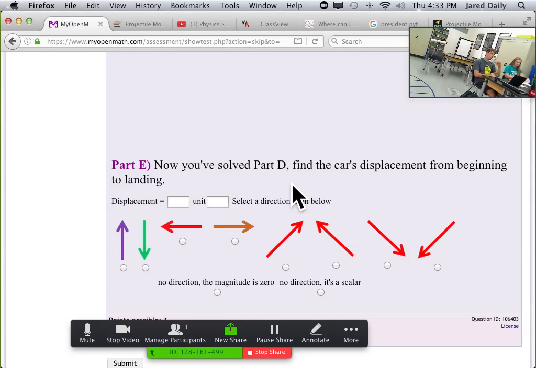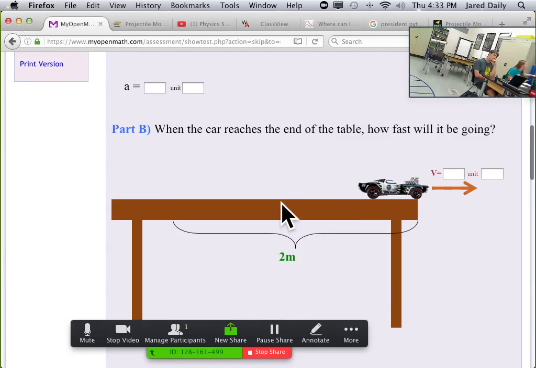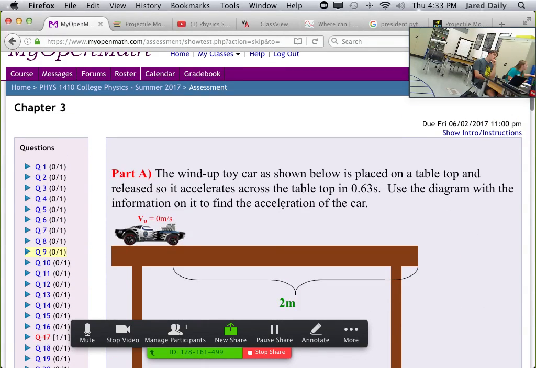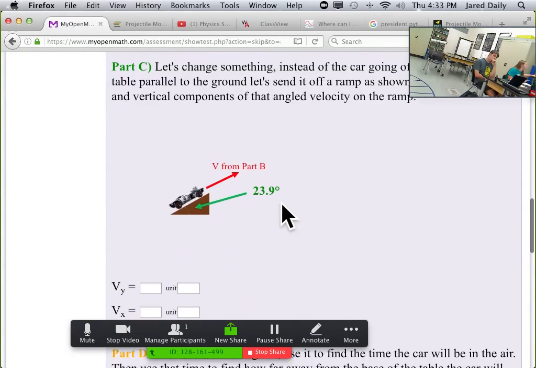One thing, it gives us the height of the table plus the ramp. So how are we going to find the height of just the table or just the ramp? Good question.